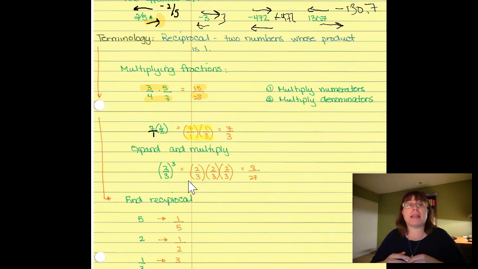When we're raising it to an exponent, that's the same thing as expanding it: 2/3 times 2/3 times 2/3 if I have 2/3 cubed. Well, 2 times 2 times 2 is 8, and 3 times 3 times 3 is 27, so 2/3 cubed is 8/27.